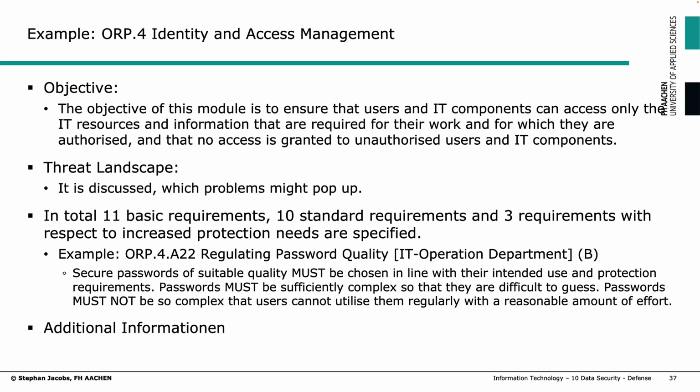Then there is a threat landscape, which means it is discussed what kind of problems might pop up if this threat is becoming a problem. And then there are some requirements identified which need to be implemented. Here you have 11 basic requirements, 10 standard requirements, and 3 requirements with respect to increased protection needs if these are specified.